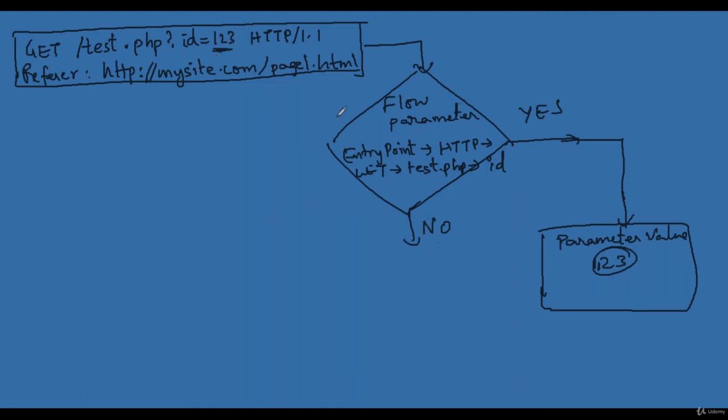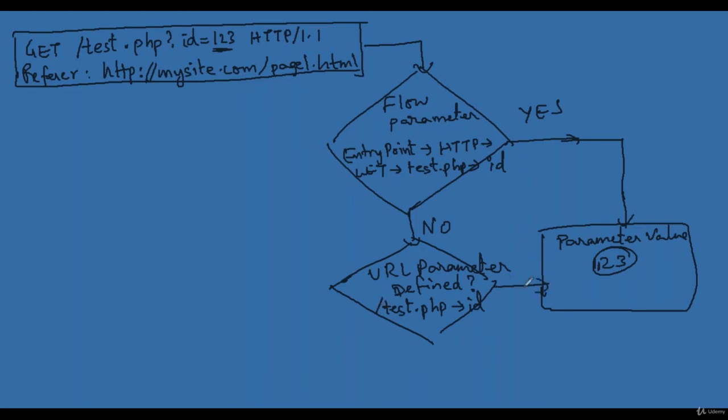Or if let's say there is no flow parameter defined, then it will check whether a URL parameter is defined. Maybe on test.php, do we have the ID parameter?